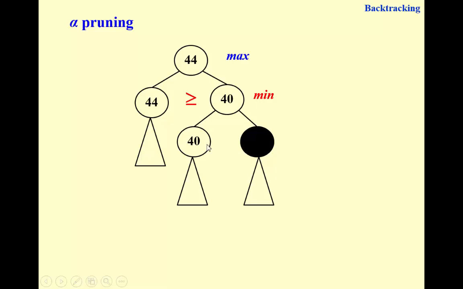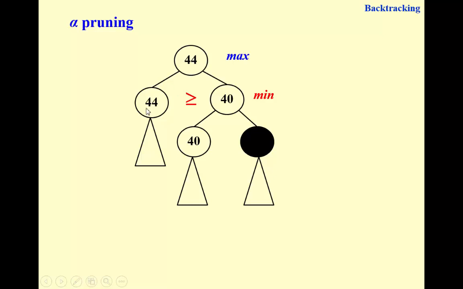So if it's greater than 40, it doesn't matter. And if it's smaller than 40, then this number is a smaller number. But keep in mind that we're making a decision for the computer at this max level, and we're supposed to take the maximum value. This current number is already smaller than 44. If this one is even smaller, it doesn't matter. It will not affect this 44.